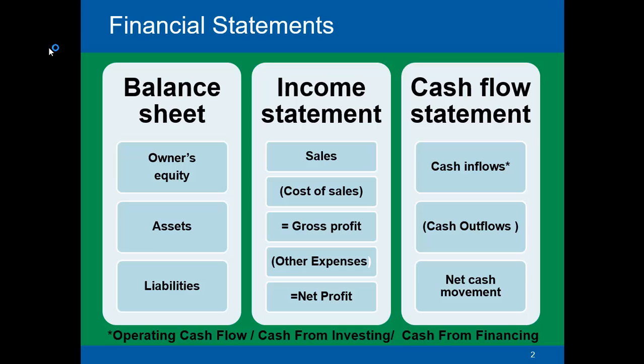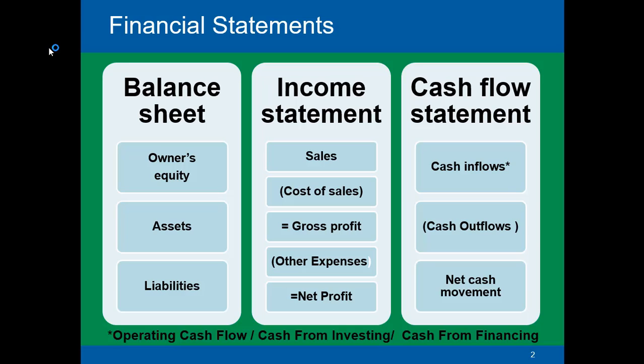Now let us understand the cash flow statement. Now it is a very important statement which is prepared by the management of the company. Now the cash flow statement tells you how much cash inflows and what cash outflows were there during the period. And finally it tells you what are the changes to the cash balances through the net cash movement. Now we understand that the income statement is prepared on an accrual basis.